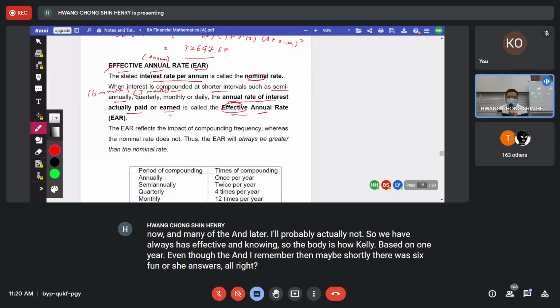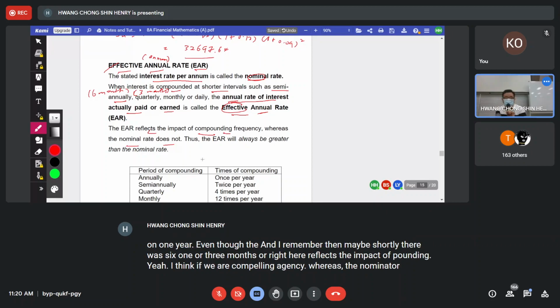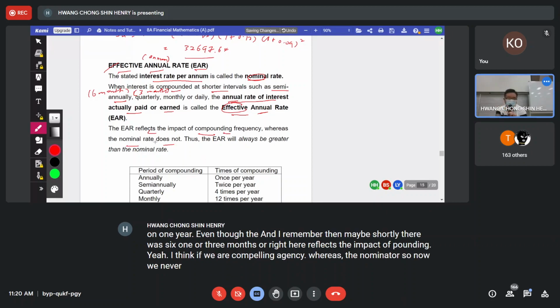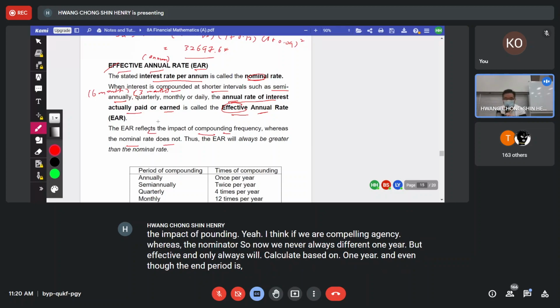Right? Now the EAR reflects the impact of compounding frequency, listen carefully, whereas the nominal rate does not. So nominal rate is always based on 1 year, but the effective annual rate is always calculated based on 1 year, even though the n period is shorter.